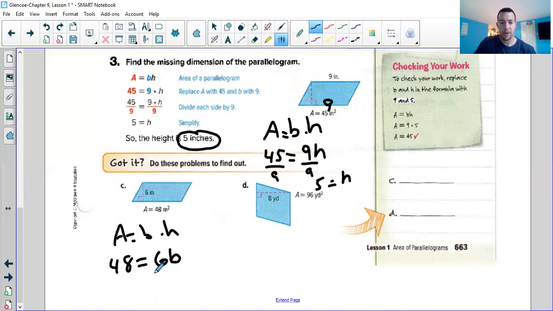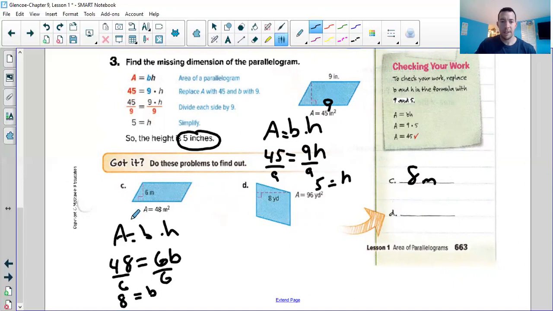How do I figure this out? Divide by 6, divide by 6, b equals 8. What's my label? Meters, 8 meters. So that's how we find a missing piece of a parallelogram, either the height or the base.